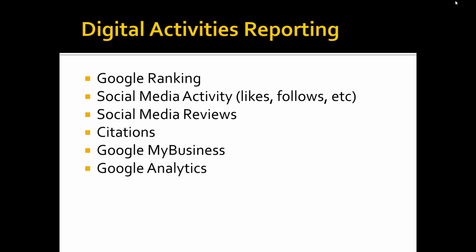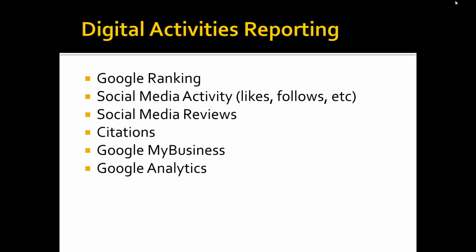Your ranking, your social media activity, social media reviews, citations are one of the elements that are used to increase your rankings on Google My Business. So you want to make sure you've got citations, which are third-party business listings, and there's a specific way to do that. So if that's something you want to pursue, I'd suggest Googling the best way to do citations, or of course you could call me.